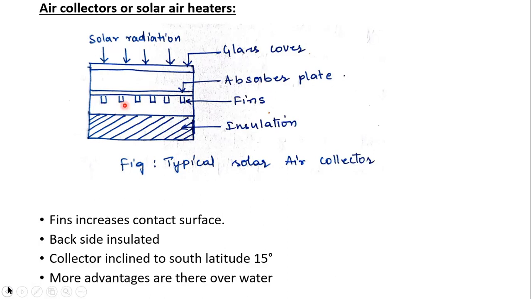The favorable orientation for the collector for heating is facing due south, with the inclination angle to the horizontal equal to latitude plus 15 degrees. Air is less used when compared to water, but it has some advantages over water.